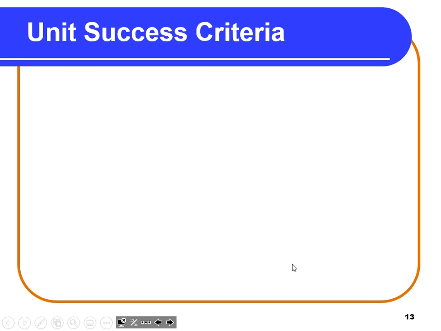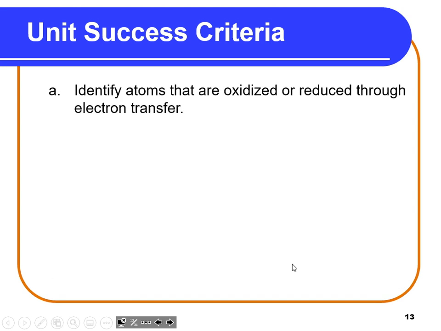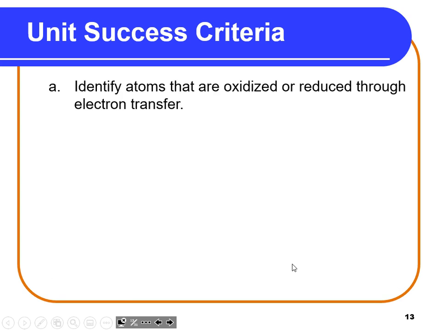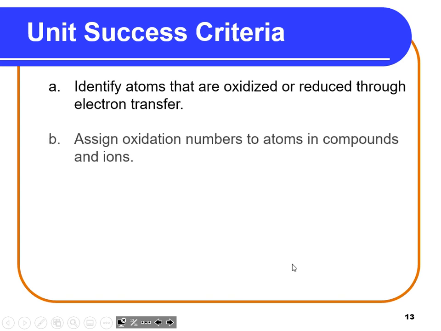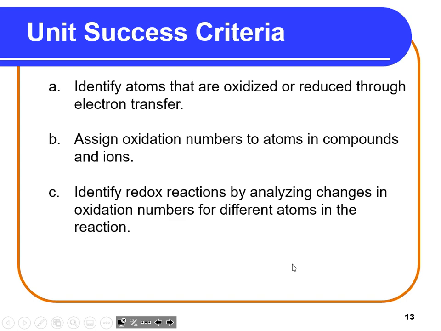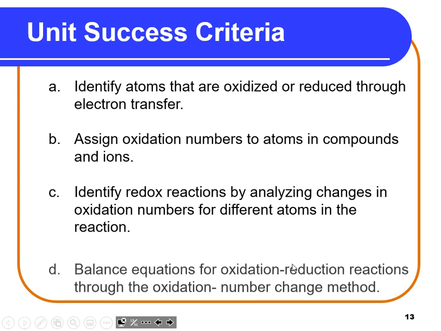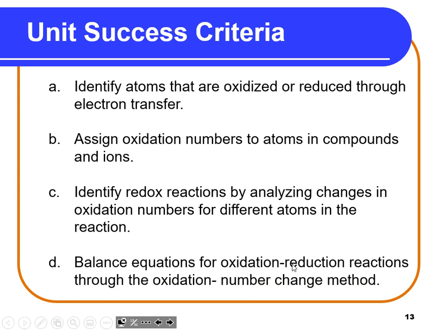Our success criteria then are to identify atoms that are oxidized or reduced through electron transfer, to assign oxidation numbers to atoms in a compound and ions, to identify redox reactions by analyzing the changes in the oxidation number for different atoms in a reaction, and then finally, to balance equations for redox reactions through the oxidation number change method.